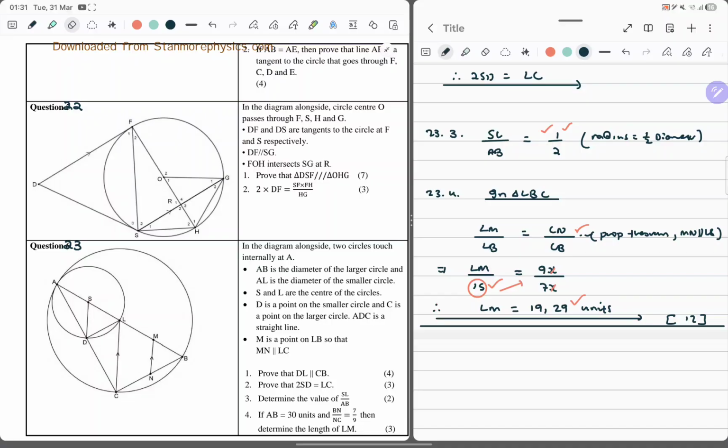So if you get your functions right, provided your algebra is super, I promise you guys, look where this helps you. Sequences and series in your paper one is nothing but functions. You've got the arithmetic, which is a straight line function. You've got the quadratic, which is a parabola. You've got the geometric, which is an exponential function.